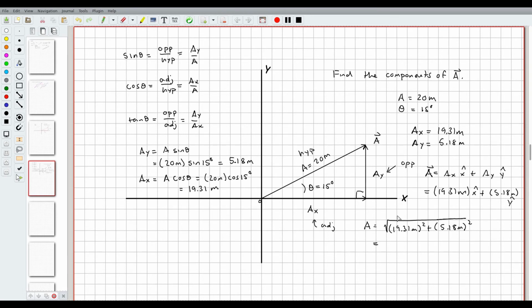And let's see here. Plug this into my calculator.